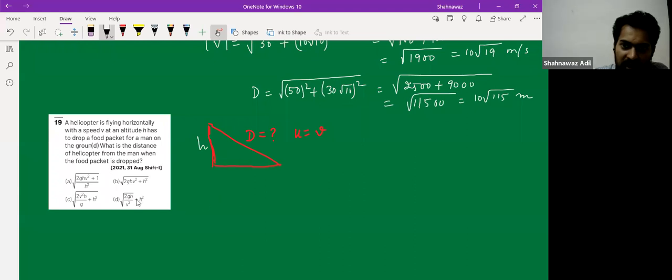Okay, so just calculate and tell me the answer. Abhinav, are you doing the calculation? Abhinav, are you with us? Abhinav? Iram? Okay, so they are deeply into calculation.